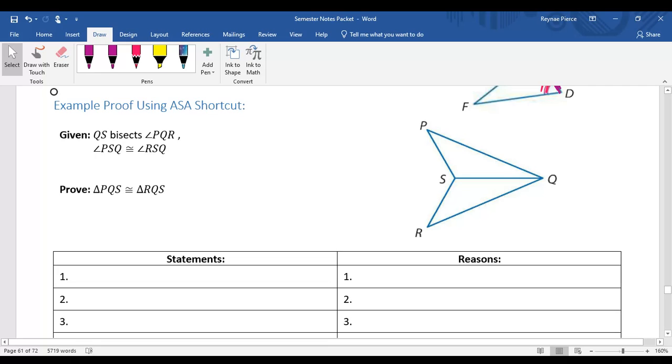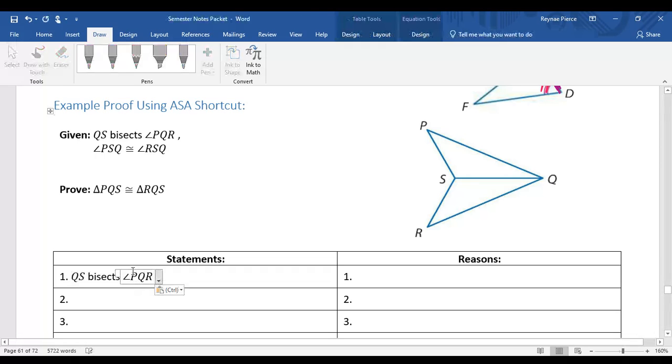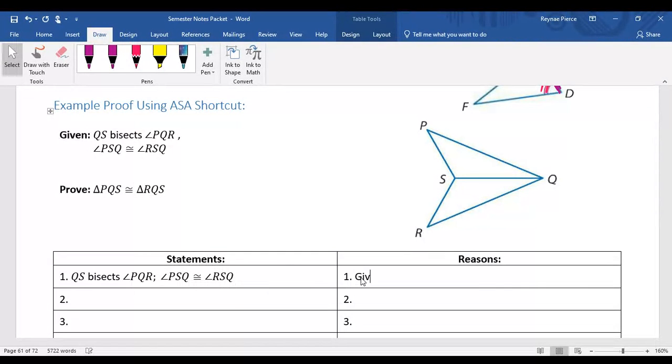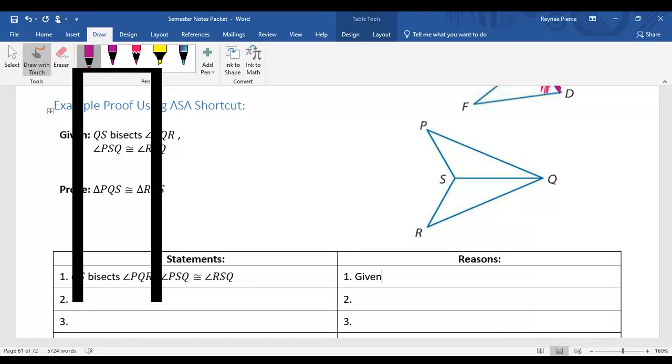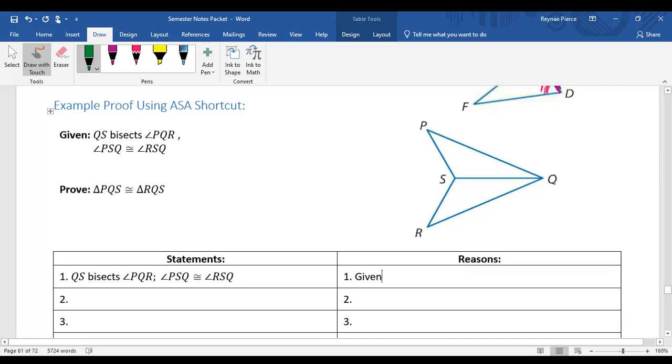Okay, just remember for these two column proofs, we copy the given information. Okay, that's our first statement. Our reason is because the information was given to us. All right, and we do have one piece here, angle PSQ, right here, is congruent to angle RSQ.